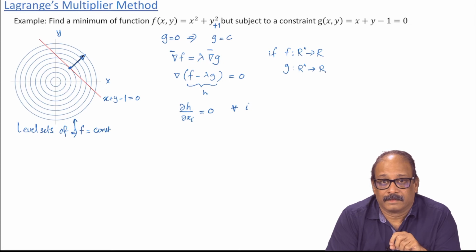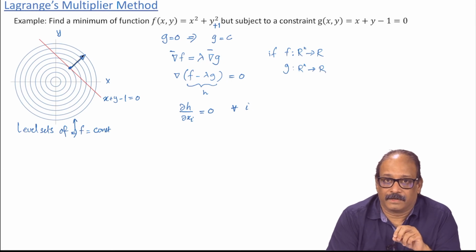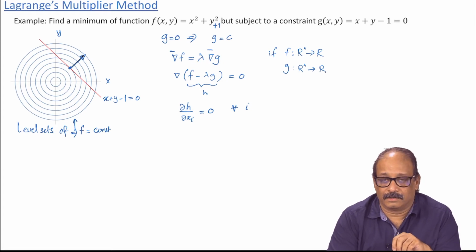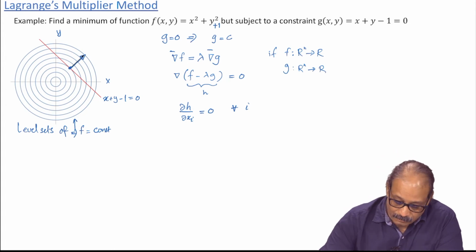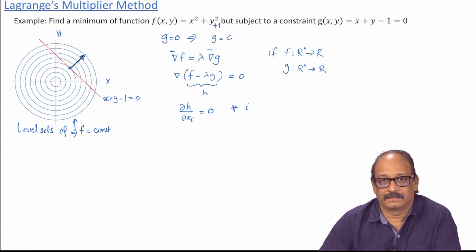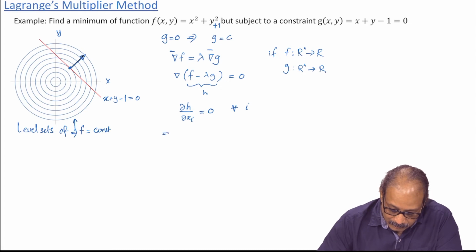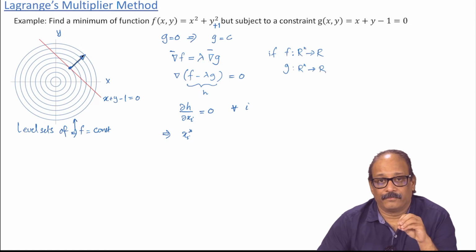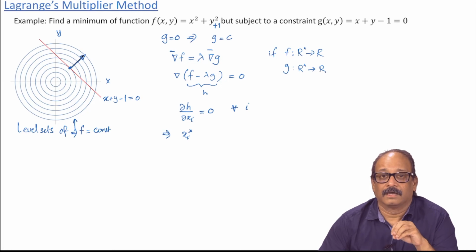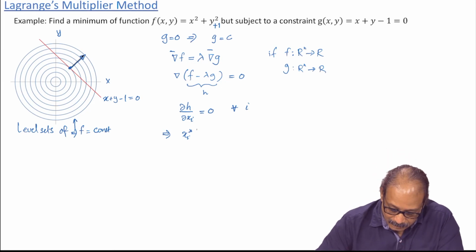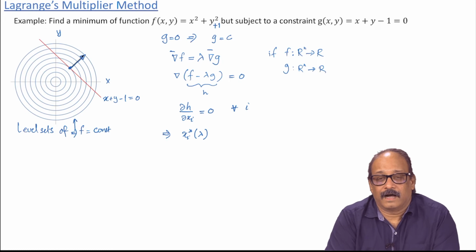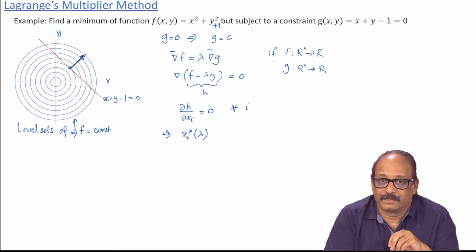What has happened here? You see, the function h is actually not fully known. In the function h, there is one unknown variable, that is lambda. So, how would I get lambda? What I would do is I would find this solution. This gives me all the xi star where the minimum of h occurs, but remember that undetermined lambda would still be there.